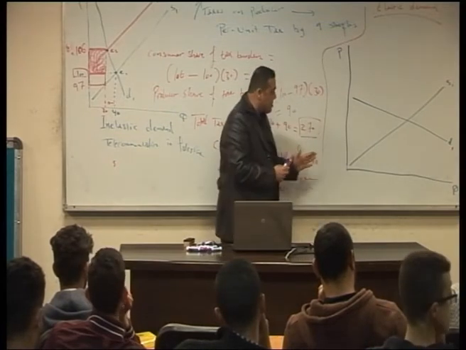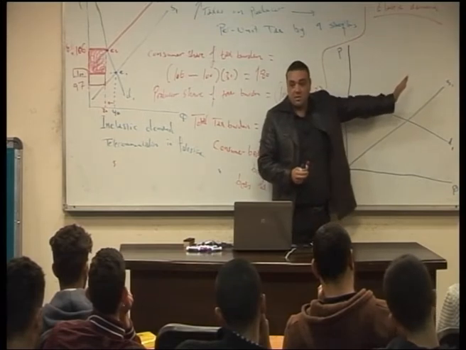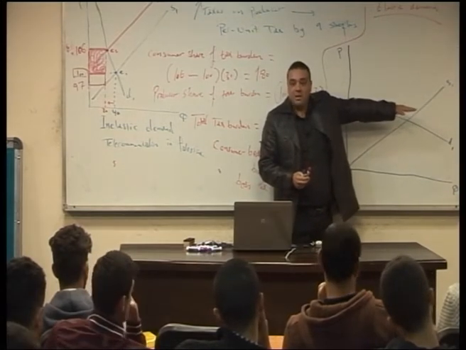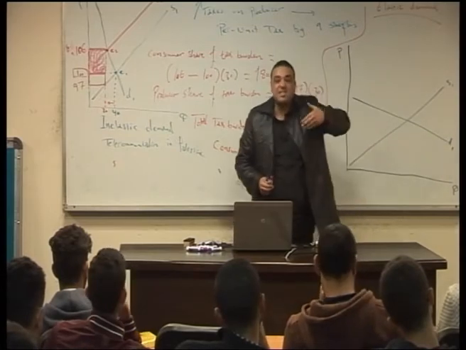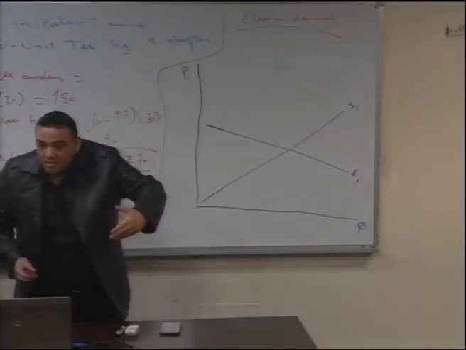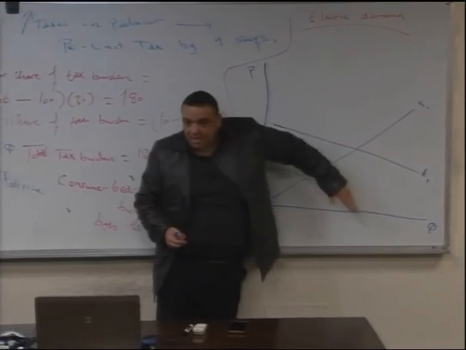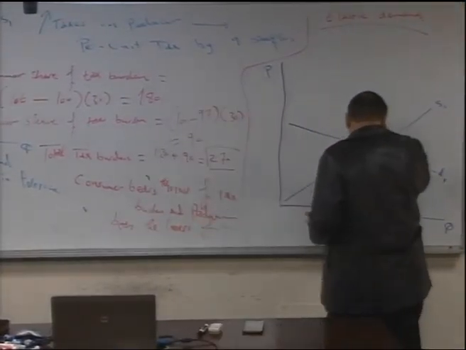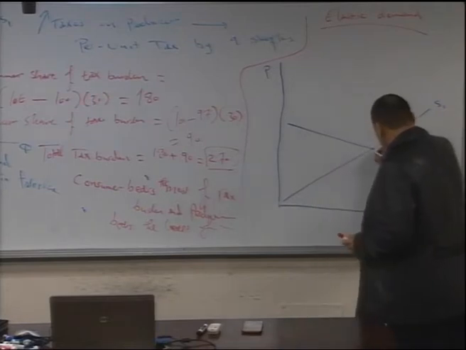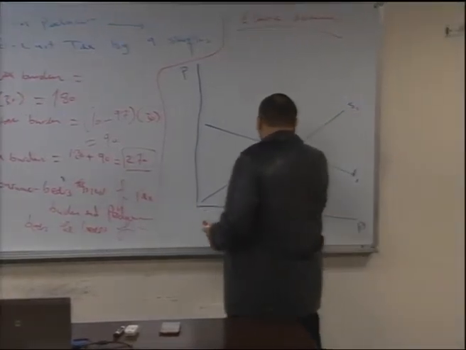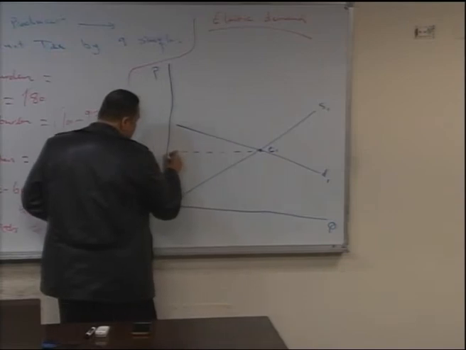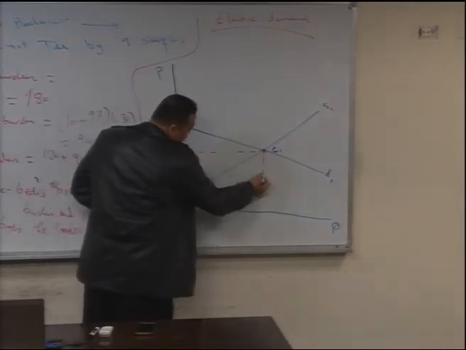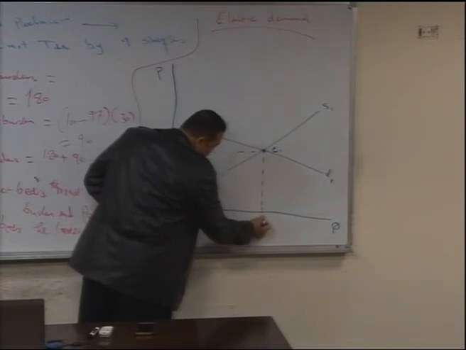We will deal with the supply curve as unitary. If we would like to measure the effect of supply elasticity, we will deal with the demand as unitary. These are the cases we are working on. Okay? This is E1, P1 is 100, and Q1 is 40.